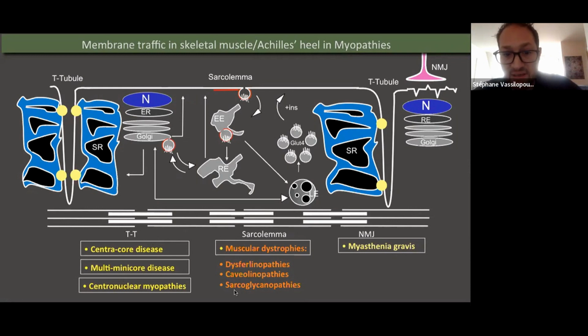So, for instance, there are subsets of muscular dystrophies related to defects in the sarcolemma, but which also have a component of the T-tubule system.